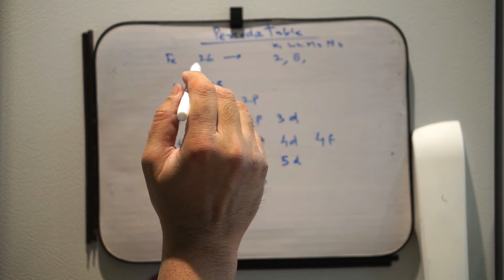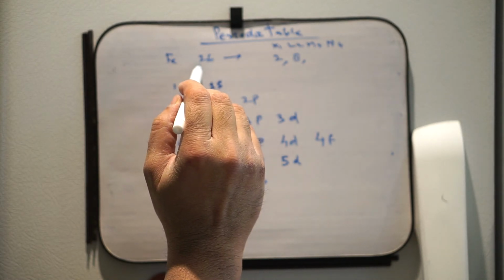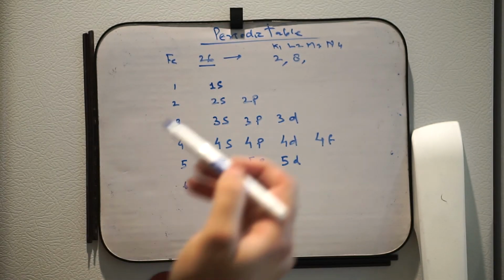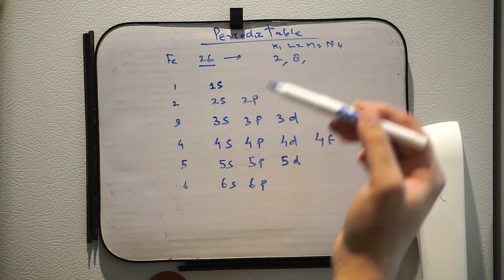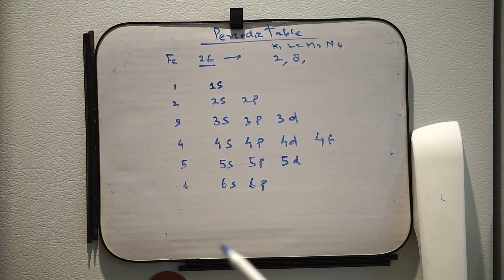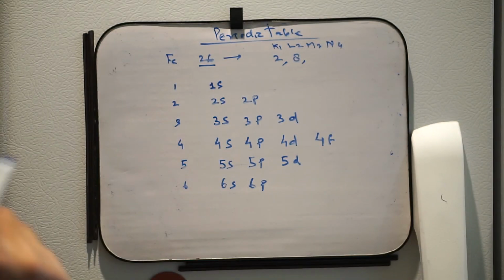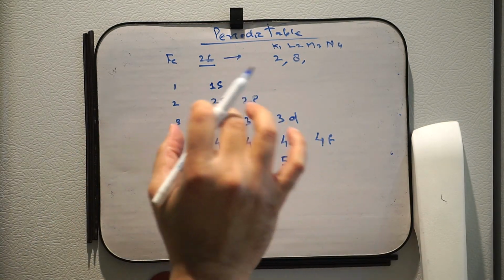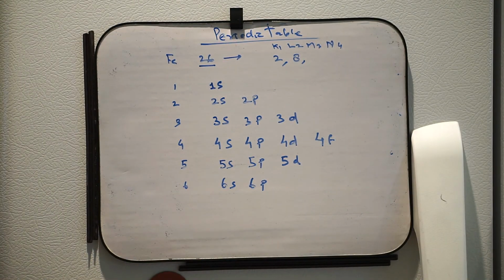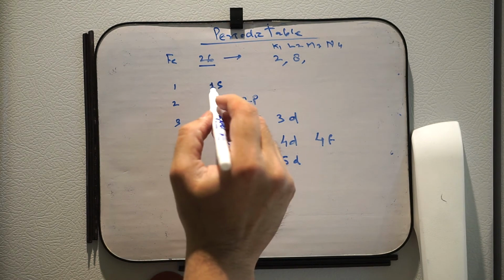So the atomic number of iron is 26. It has enough to fill the first 2 principal quantum numbers, the first 2 shells, the K, L, or whatever you call it, 2 and 8. So 10 are accounted for. We're left with 16. So when we go to fill these orbitals, this is filled already.